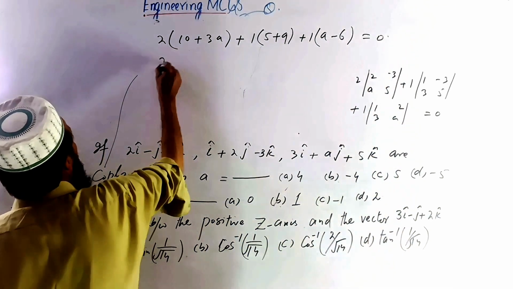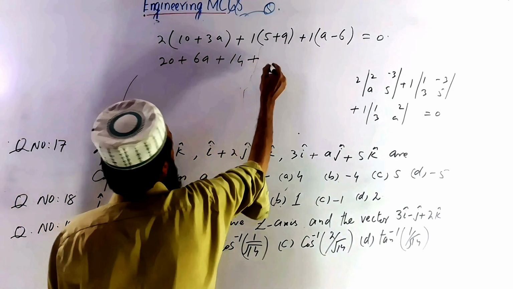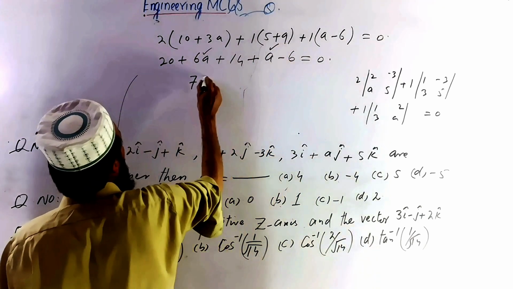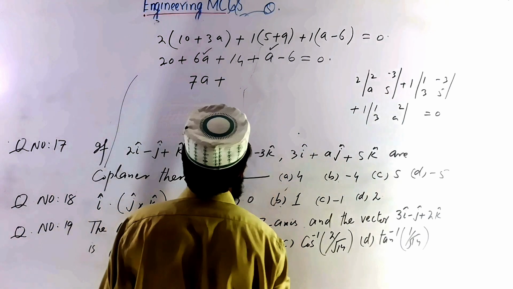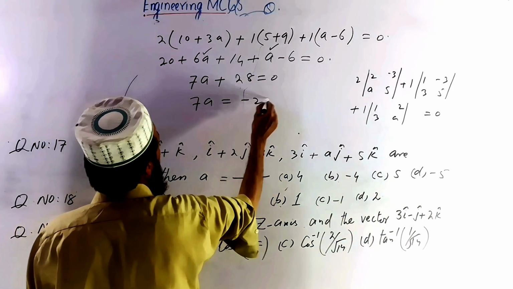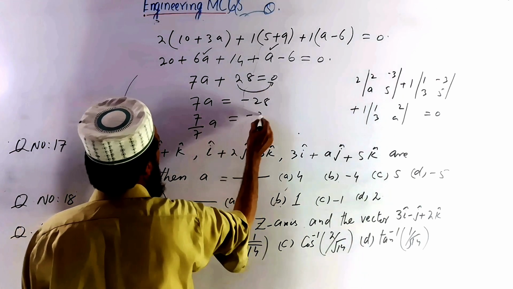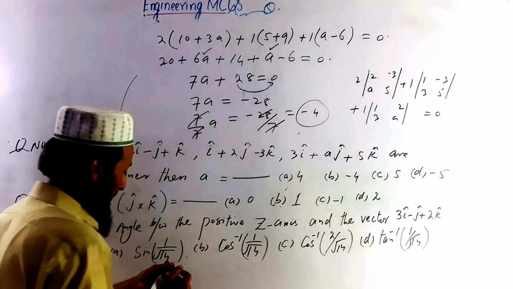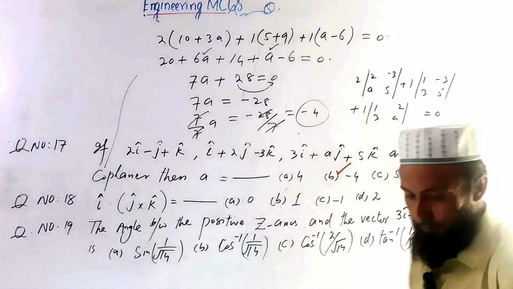So we get 20 plus 6a plus 14 plus a minus 6 is equal to 0. Adding, we get 7a plus 28 is equal to 0, so 7a is equal to minus 28. Dividing both sides by 7, the answer is -4. Checking the options, B is the correct answer.